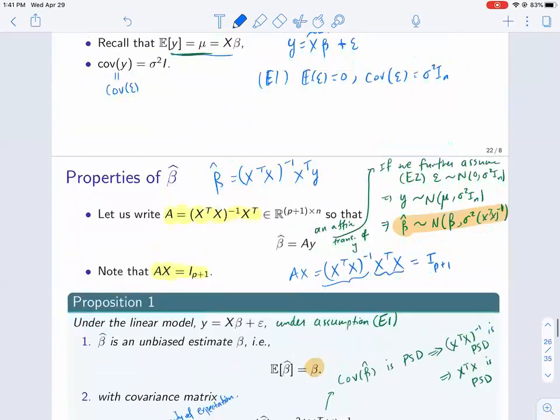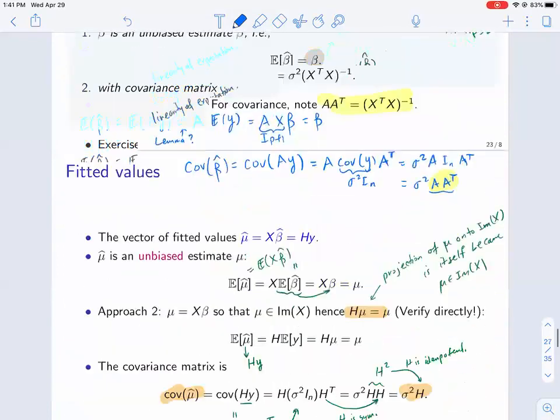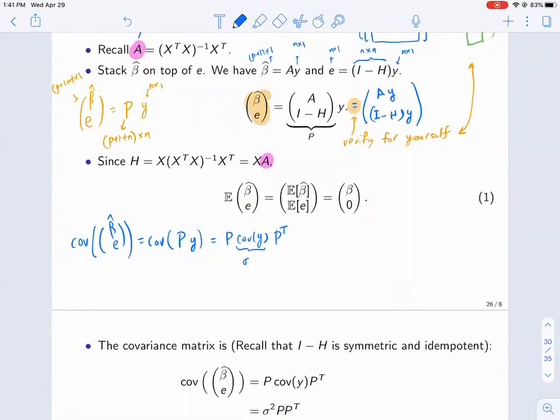Covariance of Y would just be sigma squared I. Yes, okay. So this is going to be sigma squared I. So what would be the next step here? Then you have P times sigma squared I. Basically you could put the sigma squared in the front, and then the P transpose just becomes P because P is symmetric.